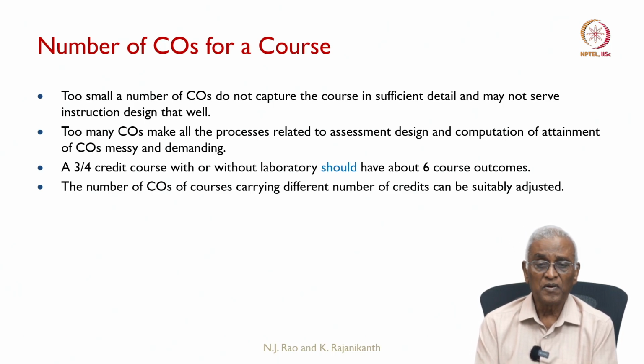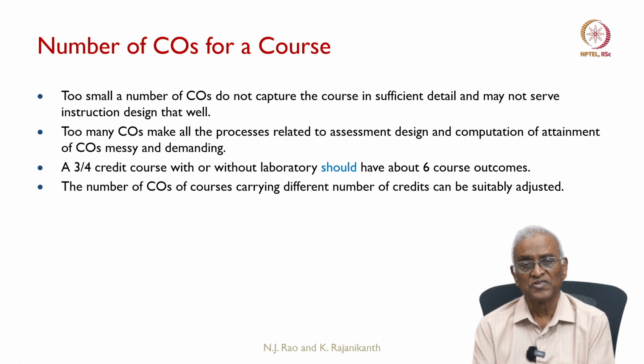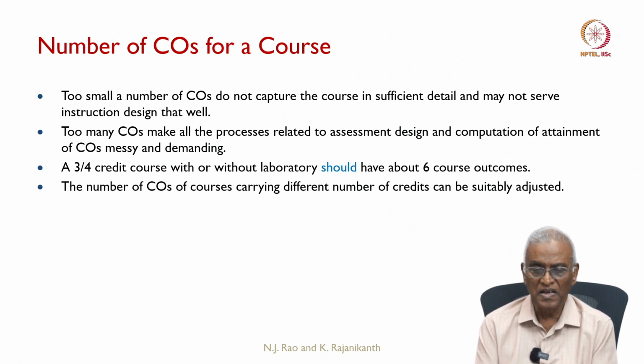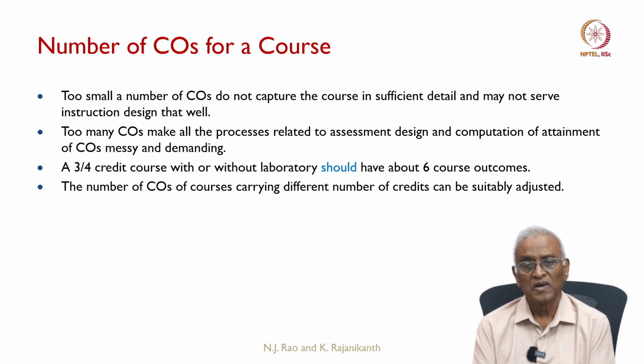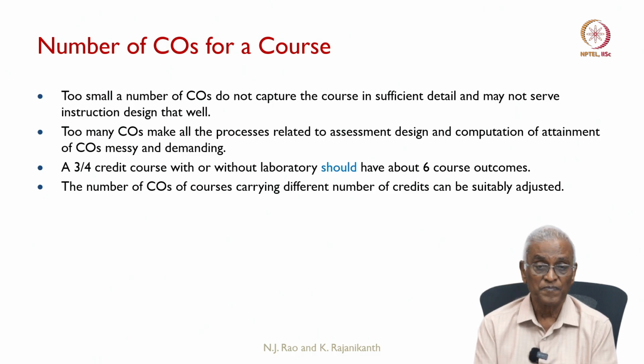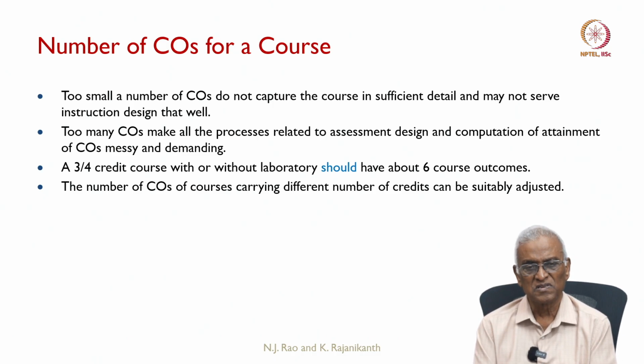And if the number of credits associated with the course is different than 3 or 4, then correspondingly the number should be changed. Occasionally, you have 2 credit courses, sometimes even 1 credit course, and generally you don't have a 5 credit course because it is demanding and harsh on students.